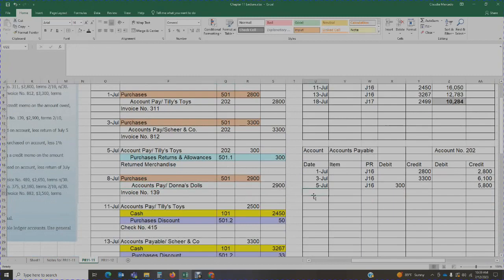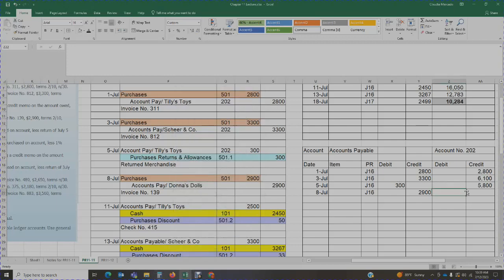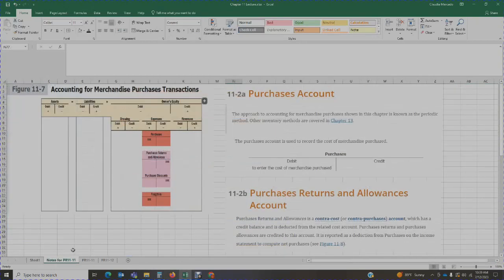Next, on the 8th, Journal 16, I've got a credit of 2,900. Okay. So because it's a credit, I'm going to add 5,800 plus 2,900. That's going to give me $8,700 credit. Remember, accounts payable is a liability account.